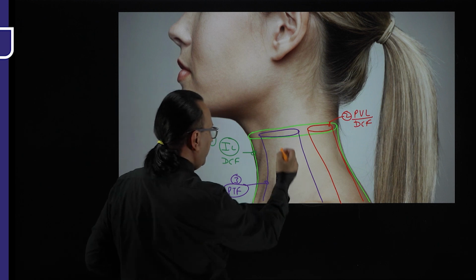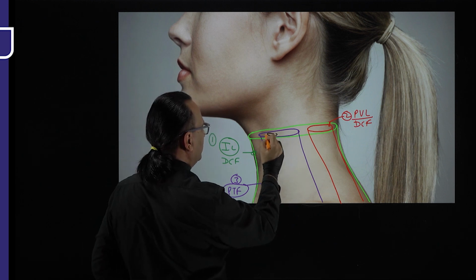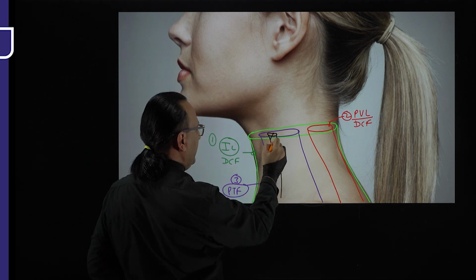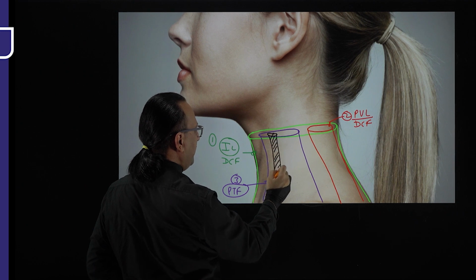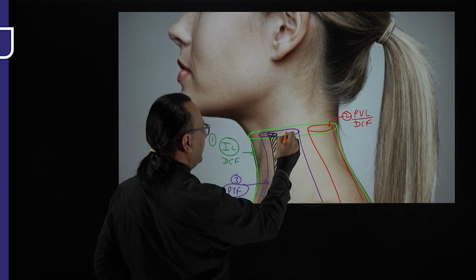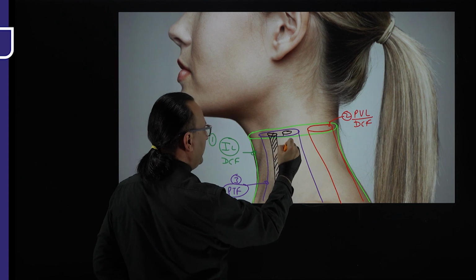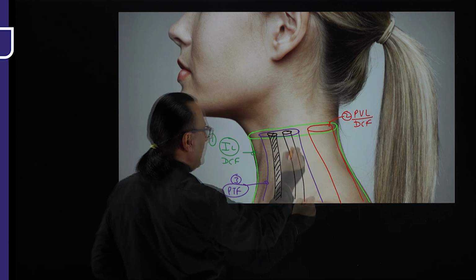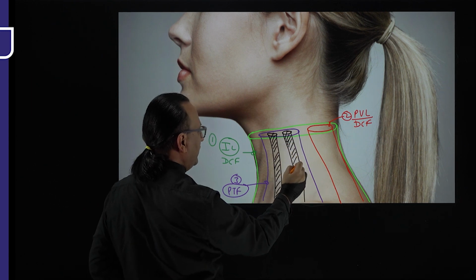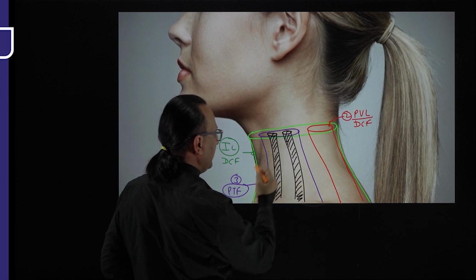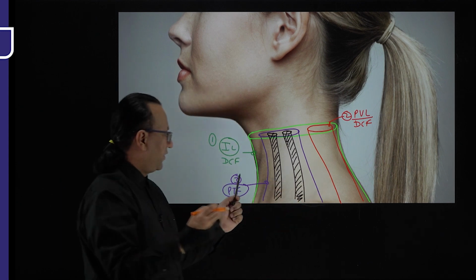So we can show the tubes. Say this is the respiratory tube coming down, which will be the larynx initially and then continuing as the trachea. Behind that is the gut tube, which will be initially the pharynx, and the pharynx will then continue downward as the esophagus. And covering these tubes is the pretracheal fascia.